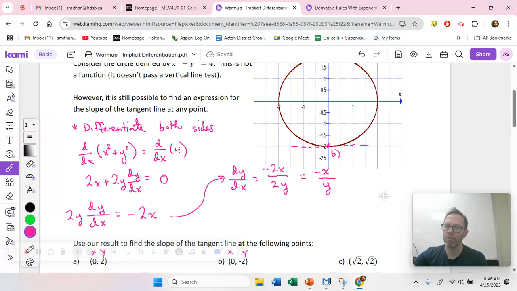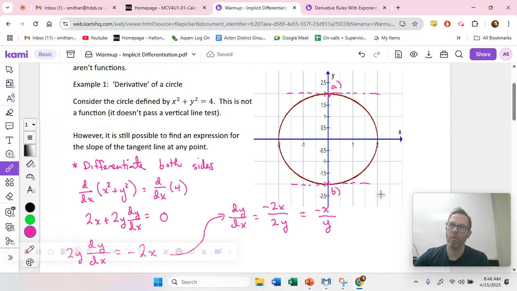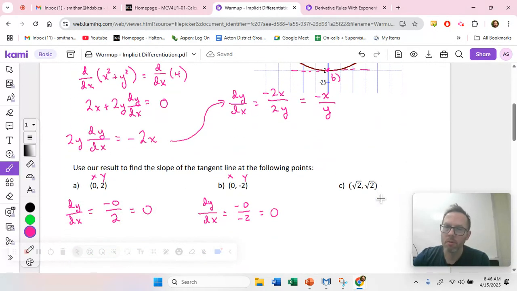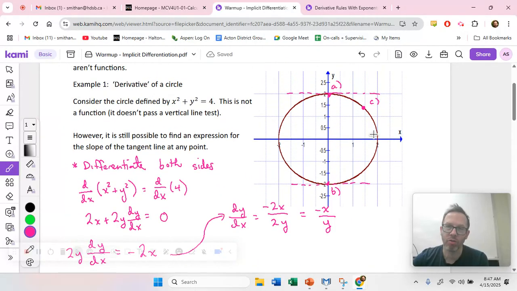The root of 2 squared is 2, the root of 2 squared is 2, and when you add those, you get 4. So root 2 is somewhere right about there for part C. We get negative root 2 over root 2, which is exactly negative 1, which is exactly what the slope of the tangent line is at that point. So very cool how this is all working out.